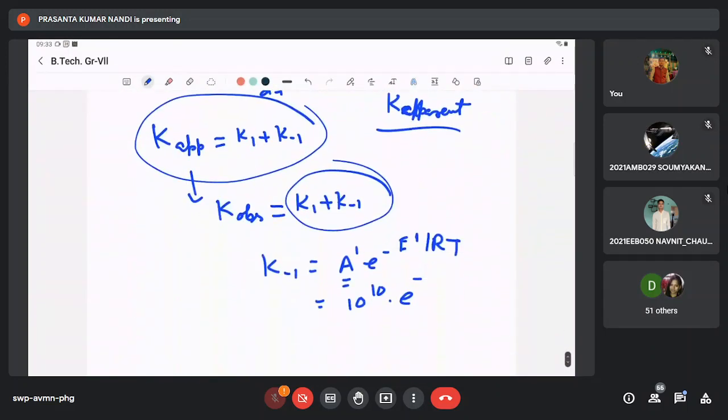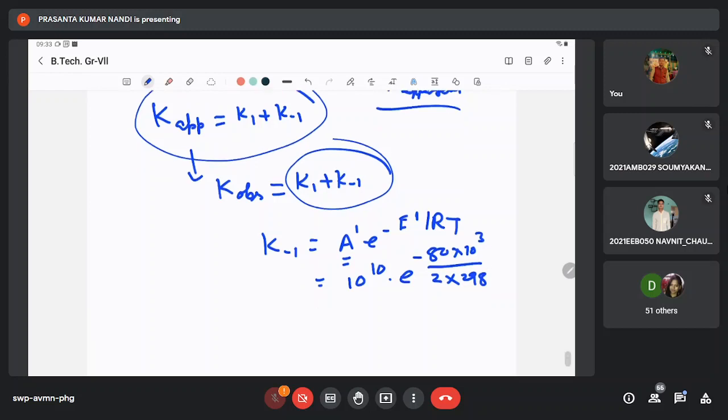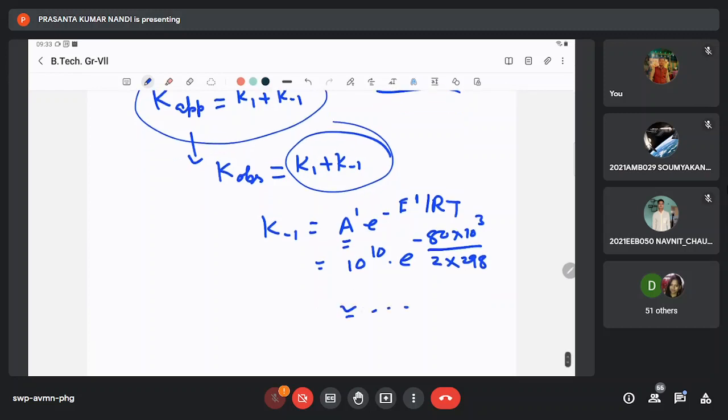So 80 into 10 to the power 3 calorie. Then R in calorie is nearly 2, and temperature is 298 kelvin, 25 degrees centigrade. So you can calculate, this is known to you.